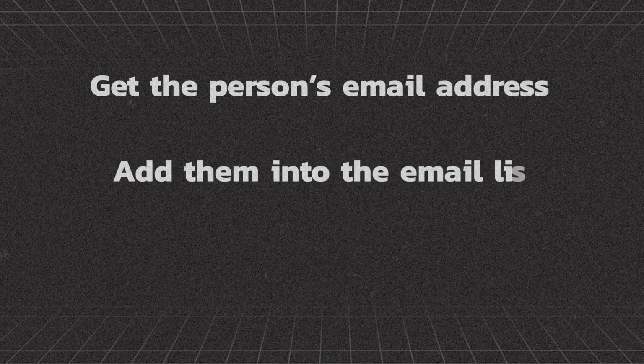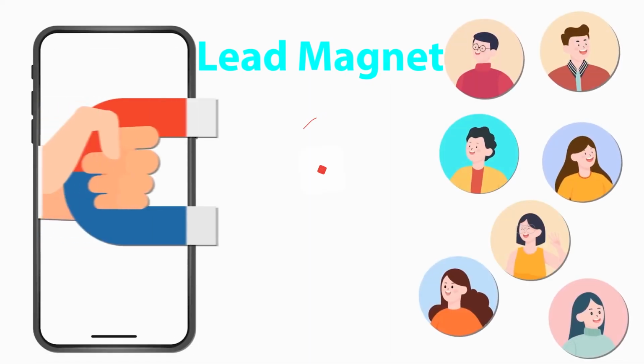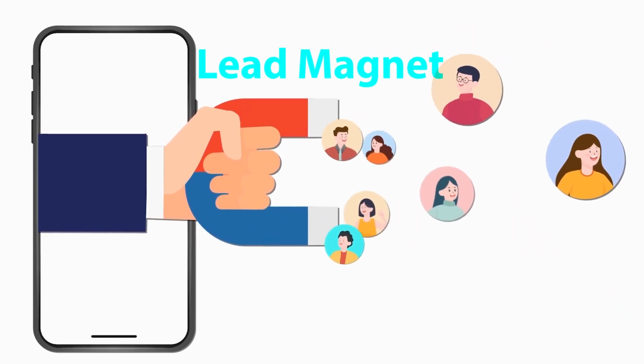What OmniSend is going to do is get the person's email address, add them into the email list, and send out emails promoting various different products that are on my site. And the ebook that I'm about to make right now, that you can also follow along with, is going to be used as a free lead magnet to get the person's email address in the first place.